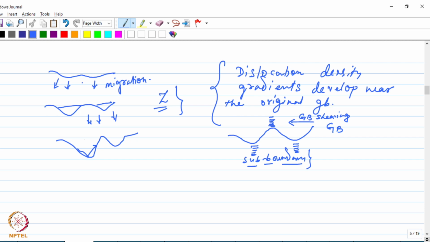Now if you look at the evolution of this entire process, as to how it progresses once the serrations form on the grain boundaries, first at lower strengths, grain boundary sliding or migration can take place, as we were talking about.